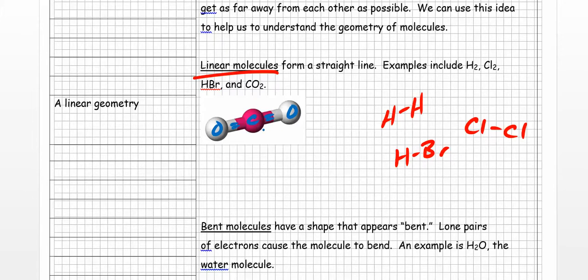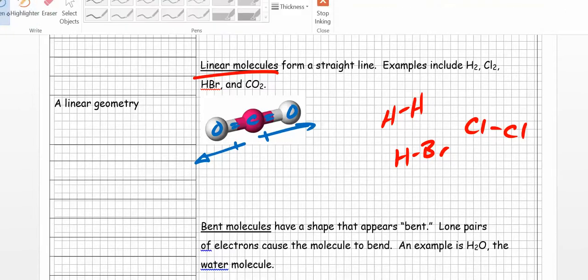Again, we call that valence shell electron pair repulsion theory. So if this electron density pushes this way and this electron density pushes in the opposite direction, that is going to form a straight line, and we call this a linear molecule.